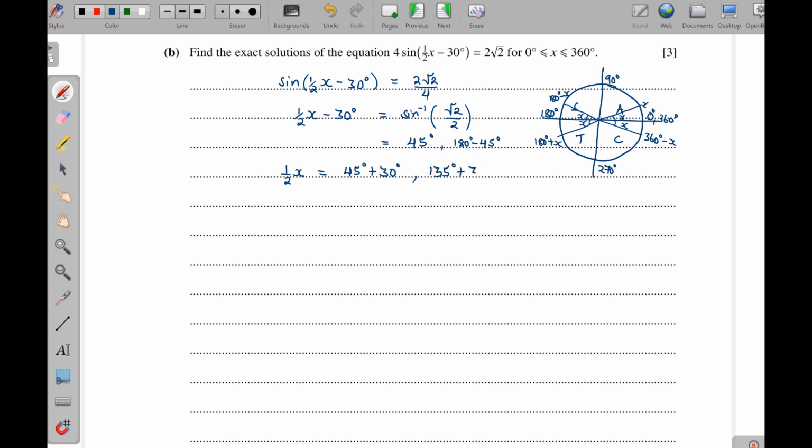Then we shall also add what? 30. And here we get 165. So that means our x is going to be 150 degrees when you multiply this one by 2.